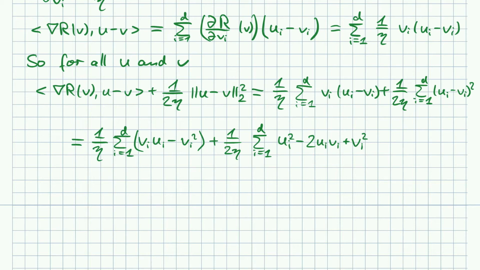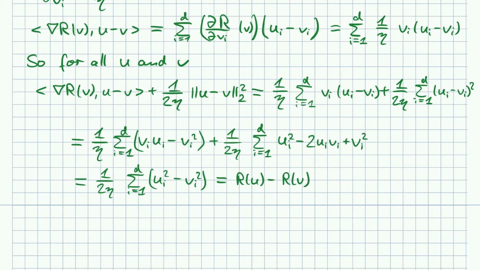And this is nothing but 1 over 2 eta times the sum over all components of ui squared minus vi squared. And this is nothing but 1 over 2 eta times r of u minus r of v.